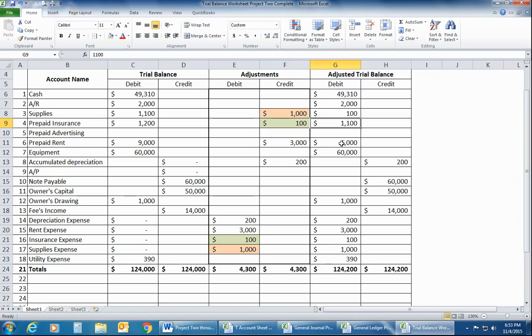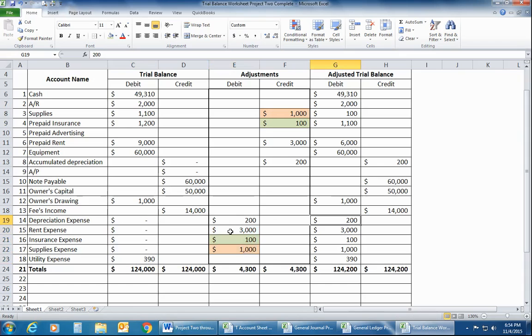Now this is going to continue as we go back and forth through the different accounts. What you're going to see is that on the bottom here where we incurred these new expenses, we actually have a situation where we didn't have any balances before other than our utility expense, but now that we've made adjustments to these accounts and increased their balances, those balances are going to carry across to the adjusted trial balance.